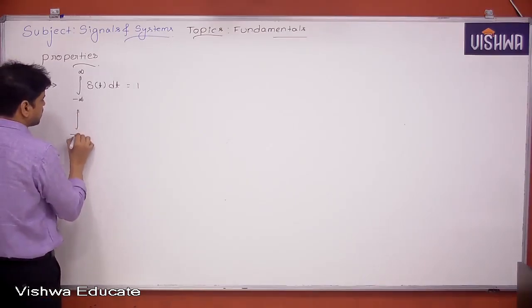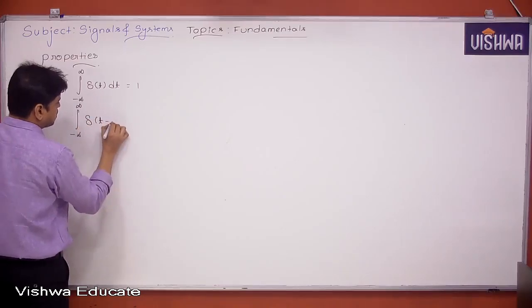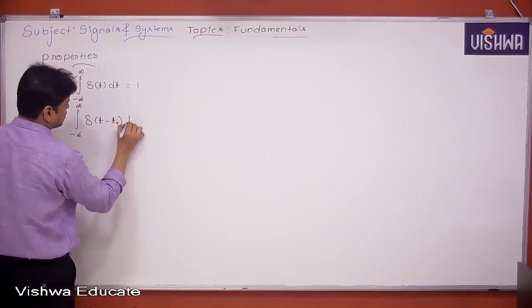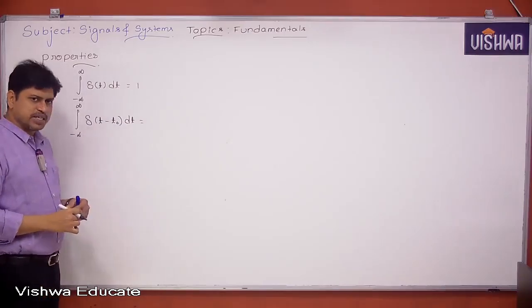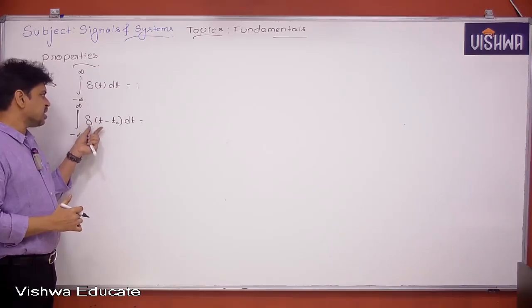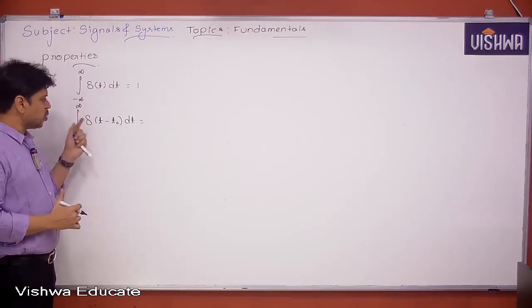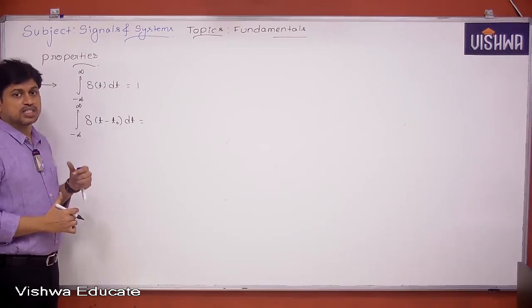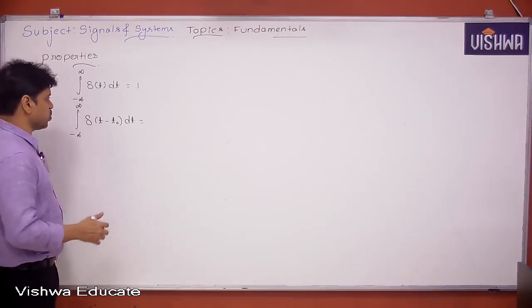If I ask the integral from minus infinity to infinity of delta(t minus t naught) dt, see here, delta(t minus t naught) is nothing but an impulse function, but instead of existing at t equal to 0, it is existing at t naught. Just the location of the impulse function changed, but still the area under the impulse function is 1.